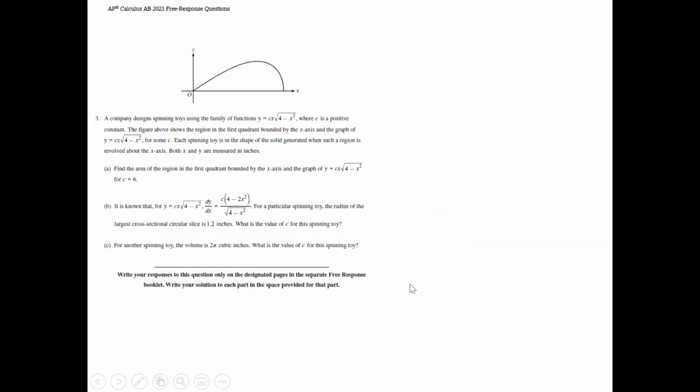All right, so let's go ahead and take a look at part C. For another spinning toy, the volume is 12 pi cubic inches. So what is the value of c for the spinning toy? If the volume is that, then just remember we're looking at pi with the volume formula from 0 to 2 of c of x, the square root of 4 minus x squared.